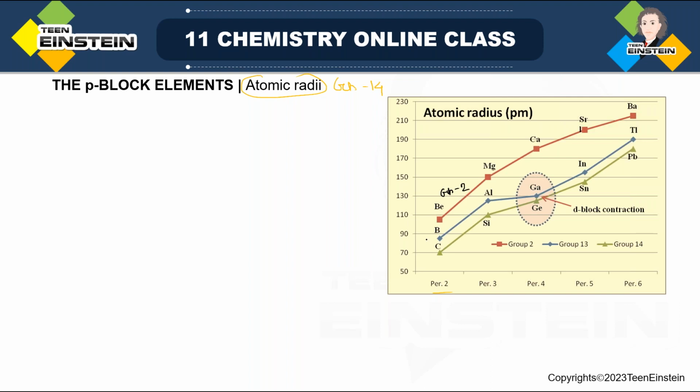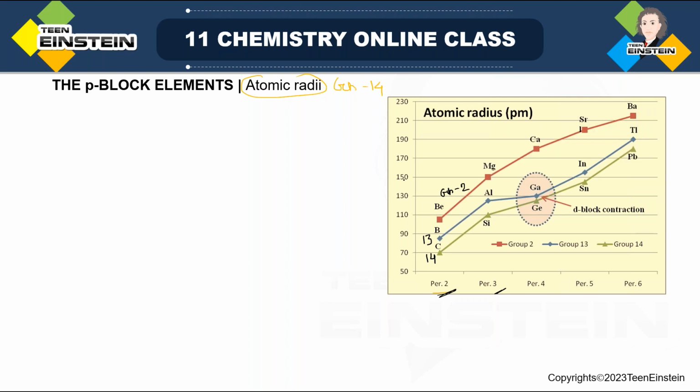The blue line, boron, aluminium, is for group 13, and the green line is for group 14. So all three lines you can compare in the same image. Carbon, boron, beryllium are from the second period, then Mg, Al, Si, gradually the period number is increasing.